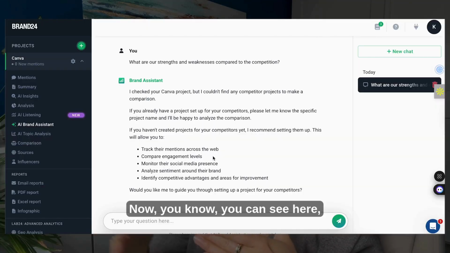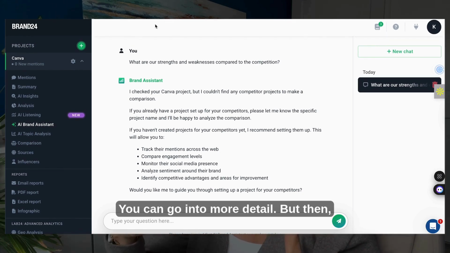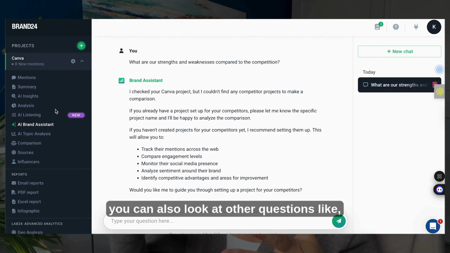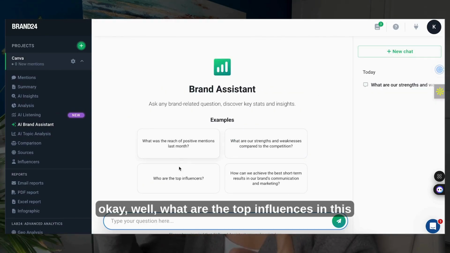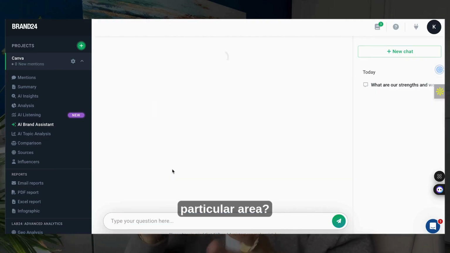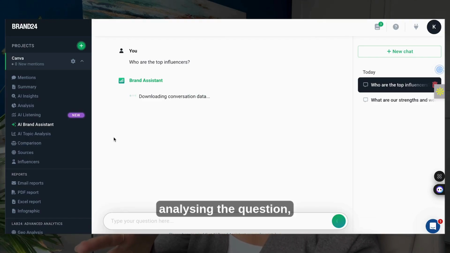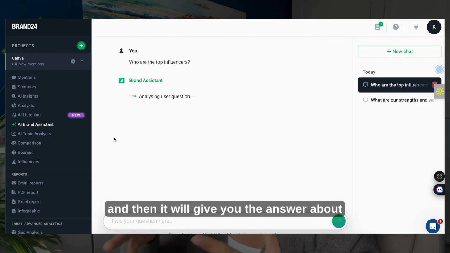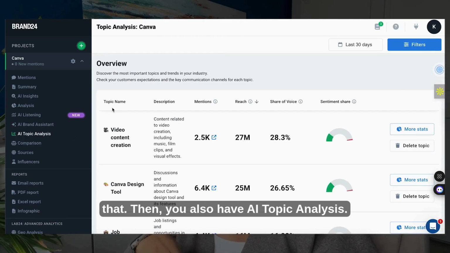You can see here, it is a short summary. You can go into more detail, but you can also look at other questions like, what are the top influencers in this particular area? Again, it's downloading all the conversation data, analyzing the question, and then it will give you the answer about that.